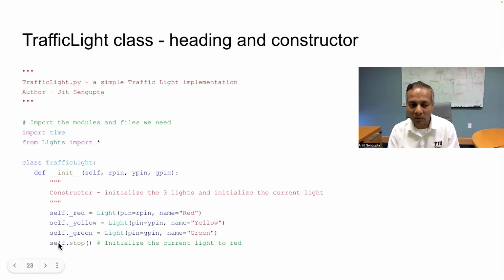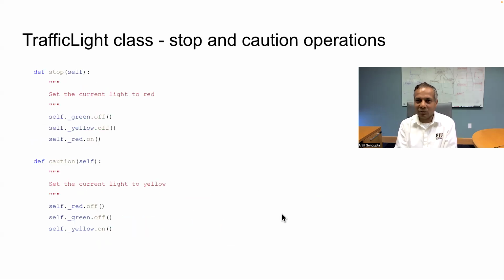The compiler will look for this stop method as it goes through this code. So I'm calling stop, and that's obviously going to stop. So we know the traffic light is in a known state of operation as soon as you create it. We need to know what the traffic light is doing at all times. So now let's go ahead and define this stop method.